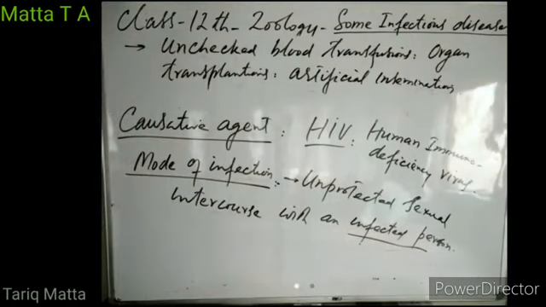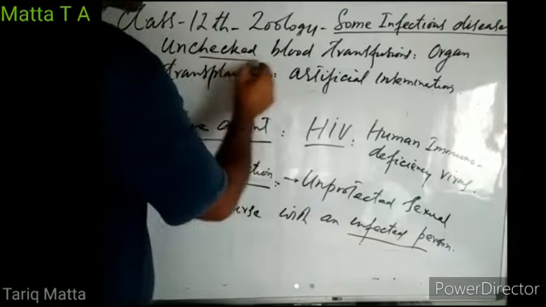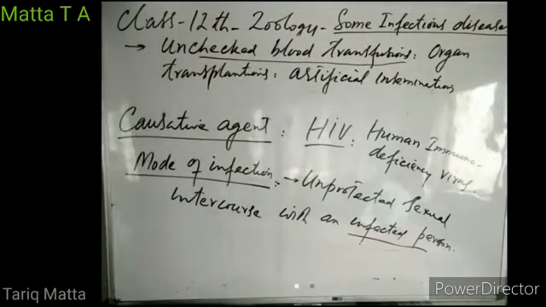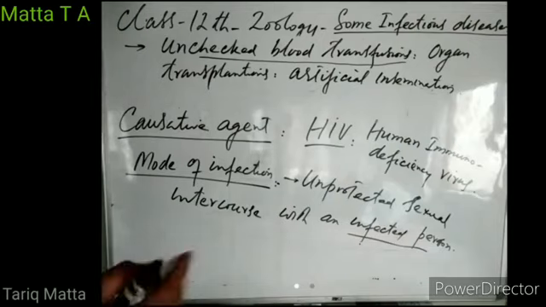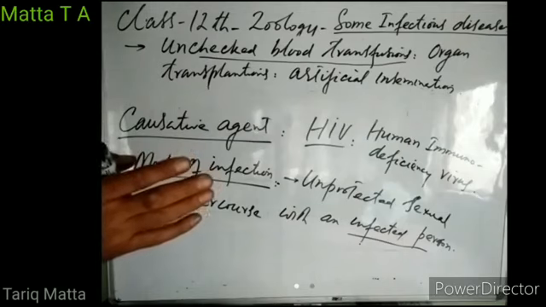So in addition to unprotected sexual intercourse, AIDS may spread from an infected person to a normal person through unchecked blood transfusion. Whenever a person requires a blood transfusion, it must be made sure that the blood which is to be given to him is HIV negative.